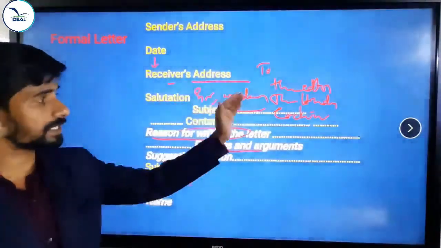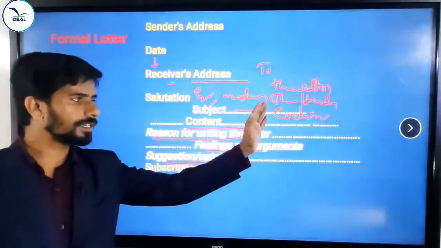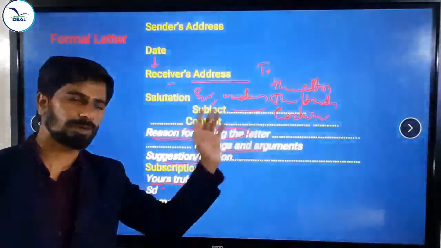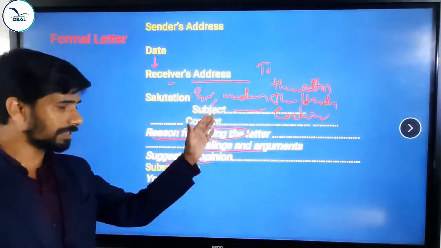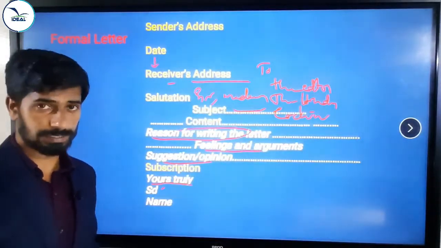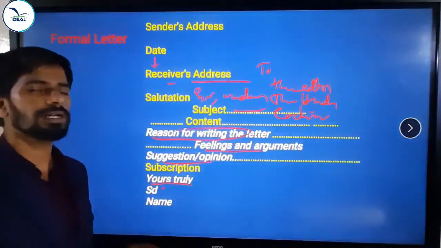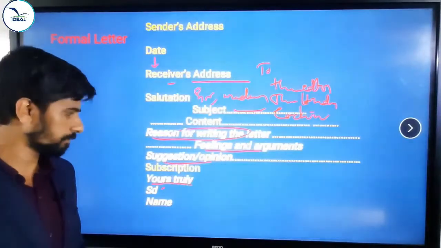So the receiver's address can be the editor, the name of the newspaper, and the place from where it is published. Then all the other things as we discussed. Okay, this is how we prepare a formal letter.